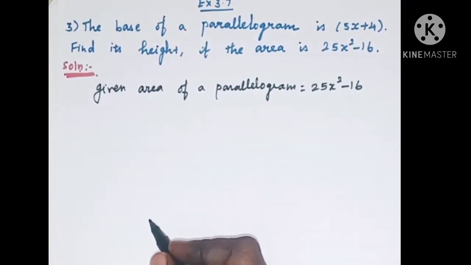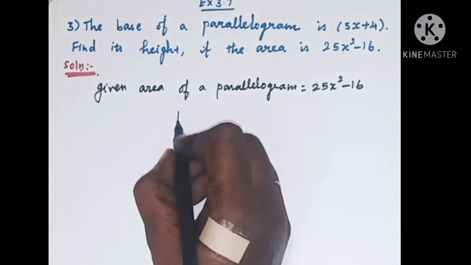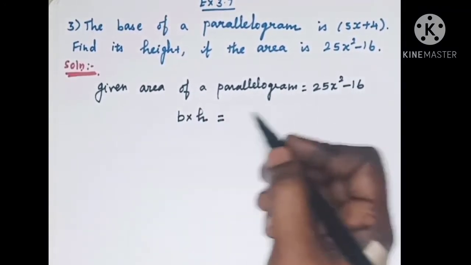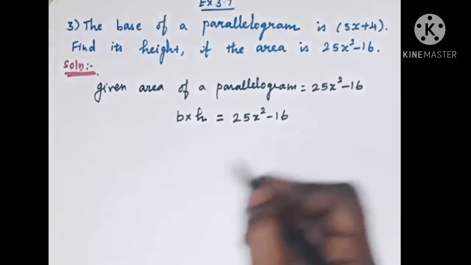We know the formula to identify the area of the parallelogram. The area of the parallelogram is nothing but base into height. Base into height is equal to 25x square minus 16.